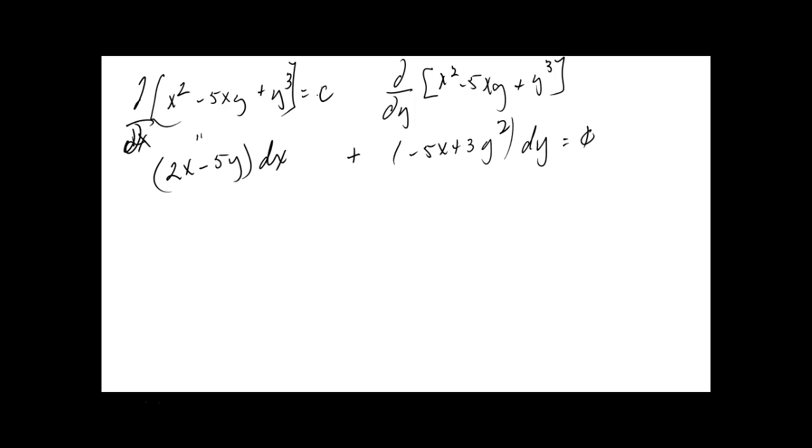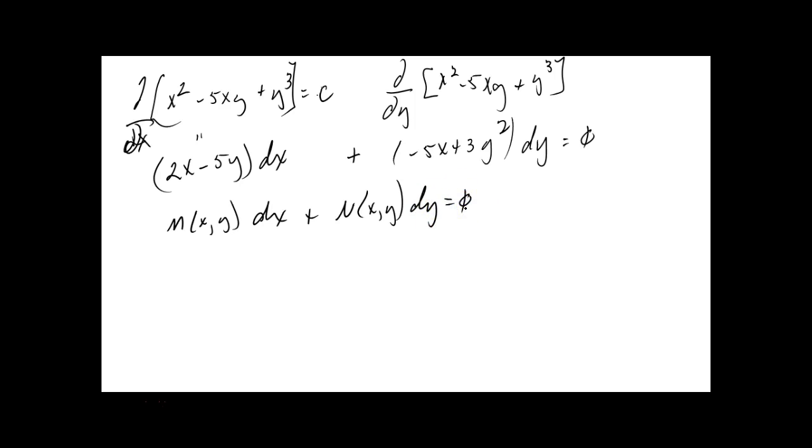Now they say again, this looks a lot like M of x,y, that's a function of x and y, dx plus N of x,y, that's got x's and y's in it, dy equal to 0.